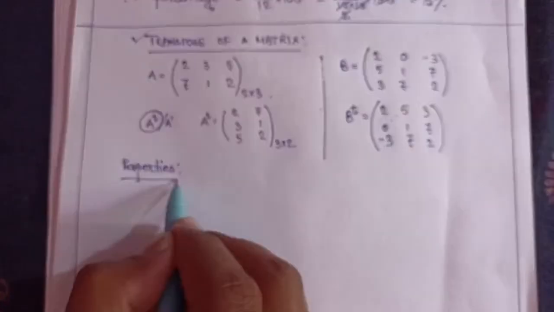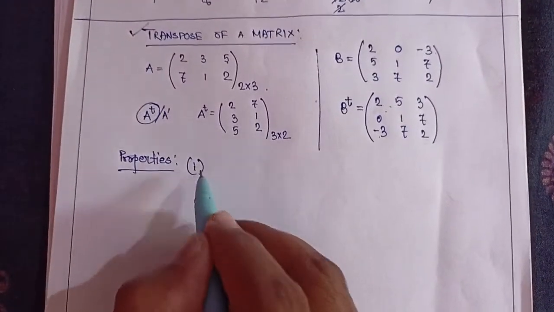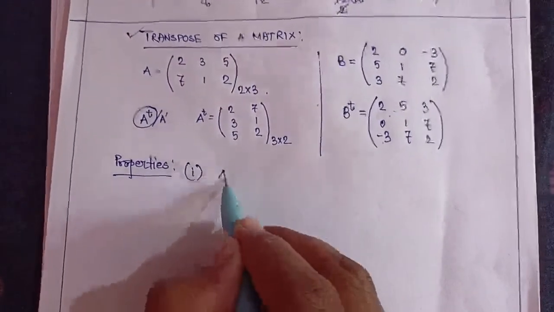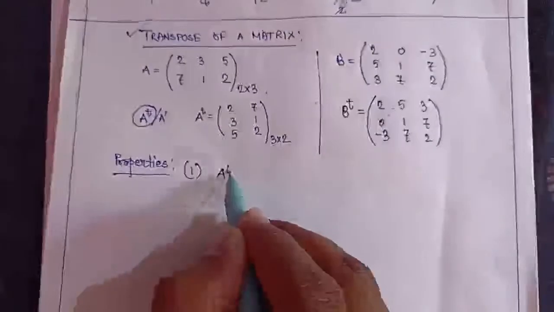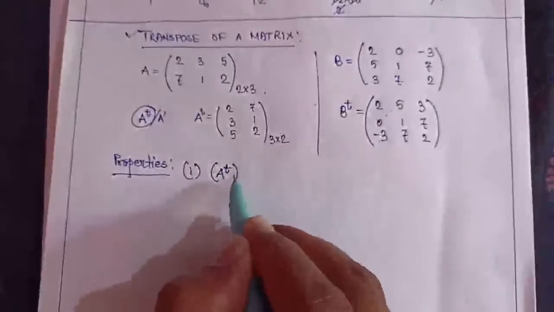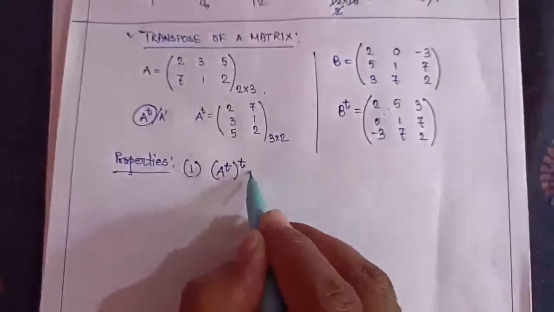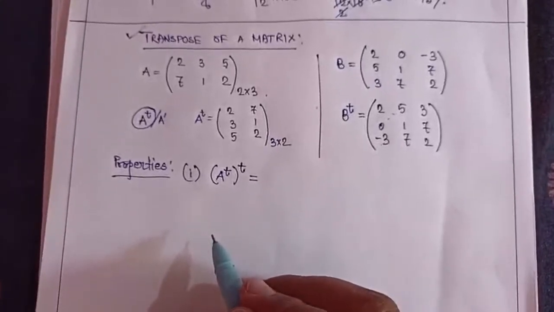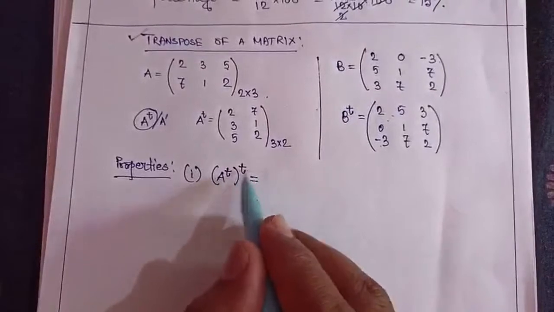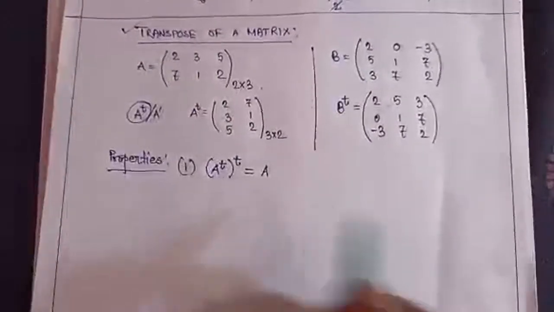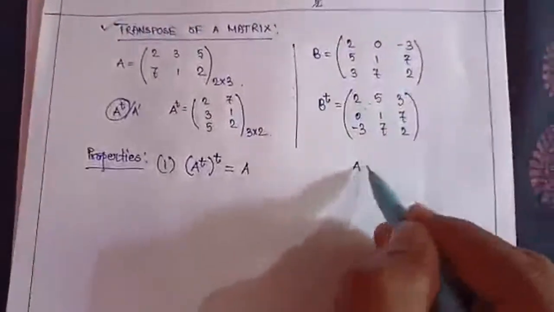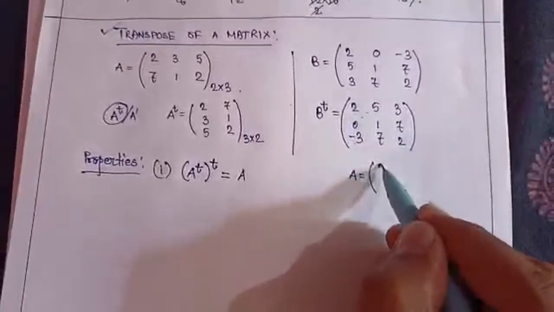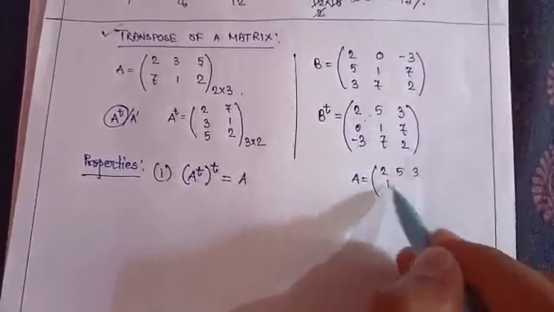So the first property is, suppose A is a matrix and we have taken its transpose. If we take the transpose again, what will happen? If you just imagine, then you will get the answer. A transpose, then if we again take the transpose, we will get back the matrix A. Because if you imagine, take one example. Suppose A is a matrix, a very small example I am taking, 2 5 3, 1 0 2.